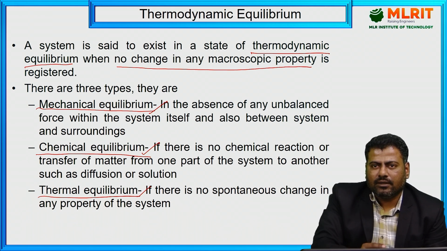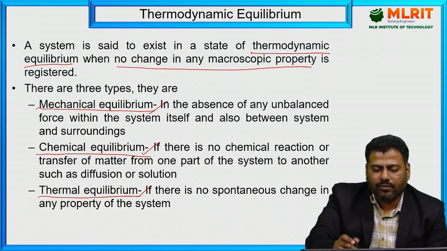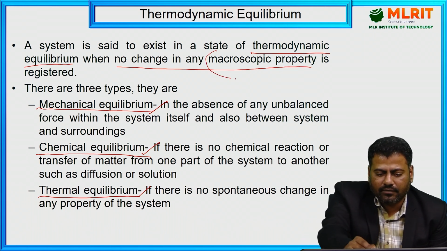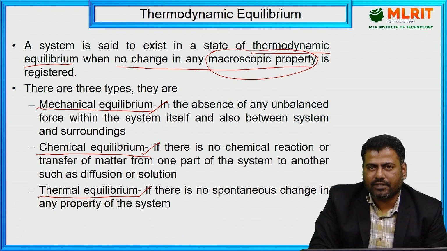In the earlier example we discussed the temperature. In a similar way, what is the macroscopic property? In the previous lecture we discussed macroscopic and microscopic viewpoints. The macroscopic properties are thermodynamic properties like the temperature T1, the pressure P1 and the volume at state 1.